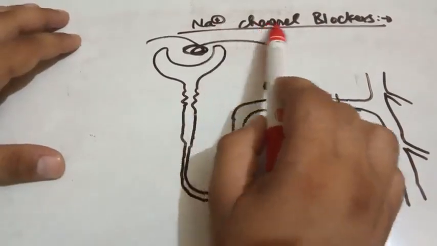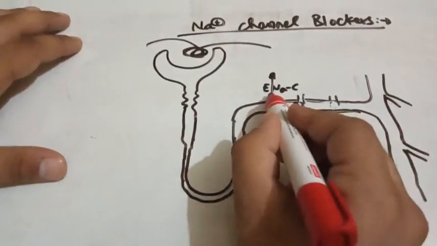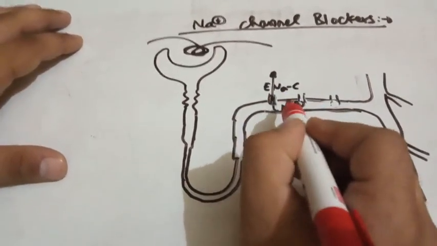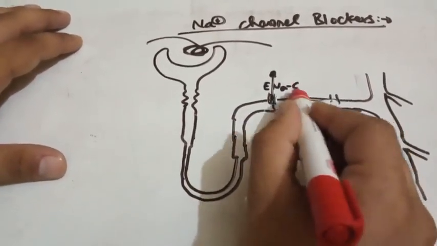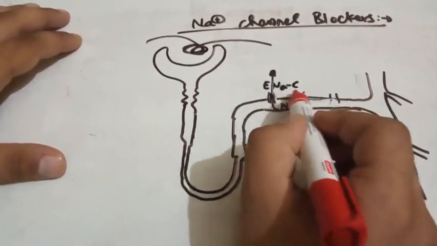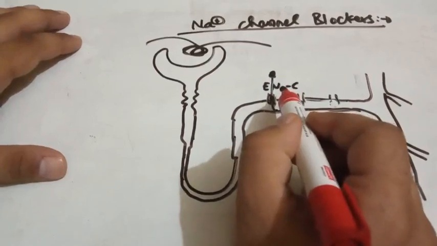As the name says, sodium channel blocker, so when these drugs are administered, they will block this channel. So there will be no transport of sodium ions into the interstitial fluid through ENaC, because ENaC has been blocked.